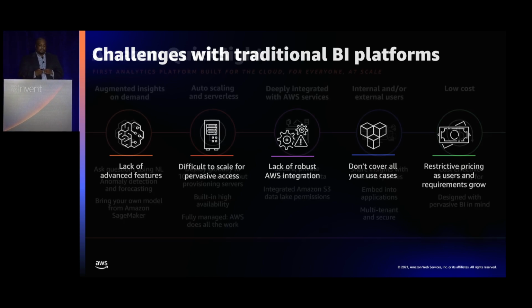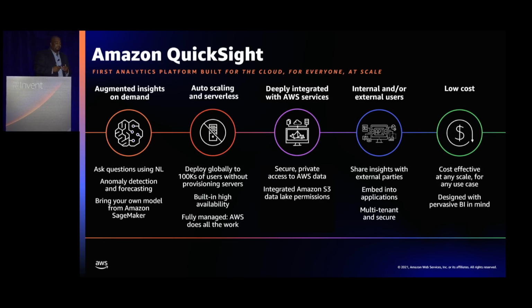From a QuickSight perspective, one of our 5 core capabilities is augmented insights on demand. A lot of folks have probably attended the Q sessions, so the ability to ask those natural language query questions on demand and get those answers in seconds.